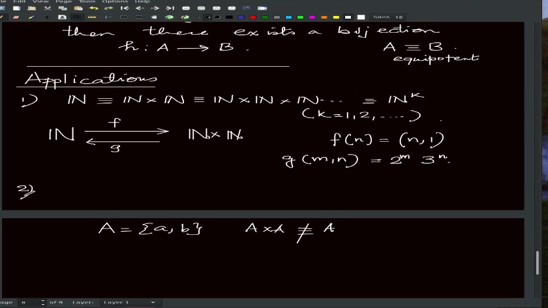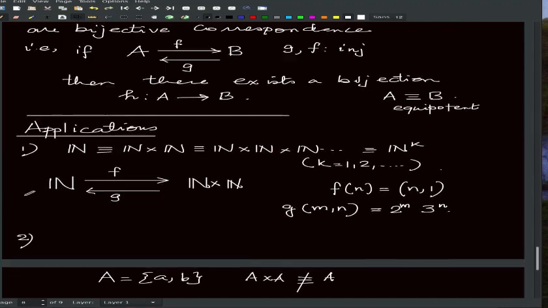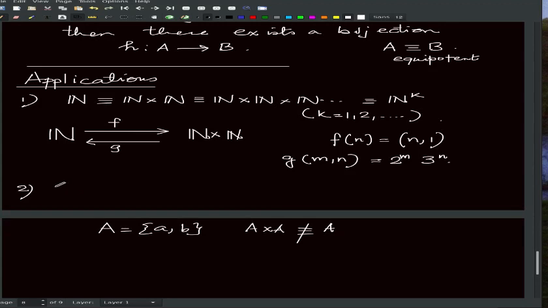Here is another one. If N is equipotent to A and this is also equipotent to B, remember this therefore means that N is equivalent, then A is equipotent to A cross B. I'll leave this as a proof.